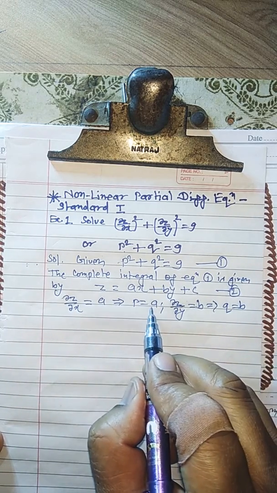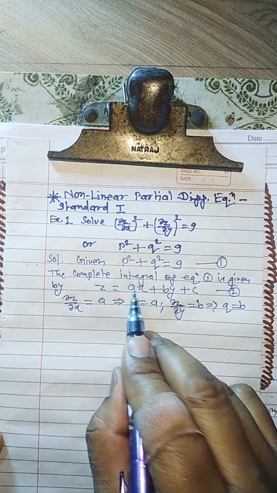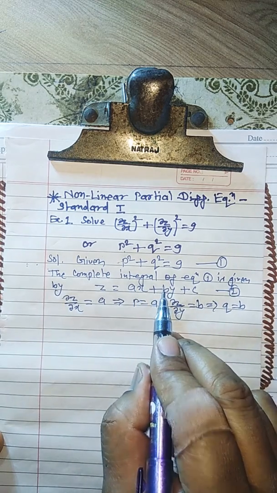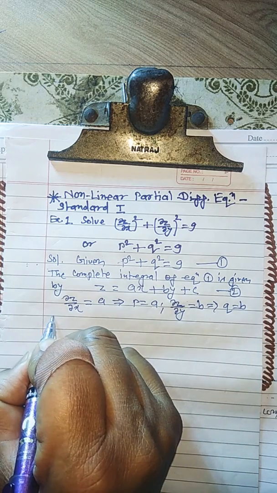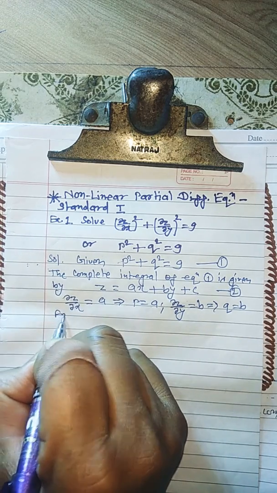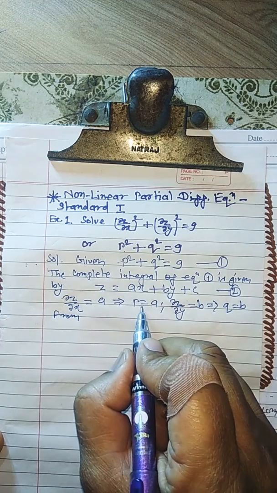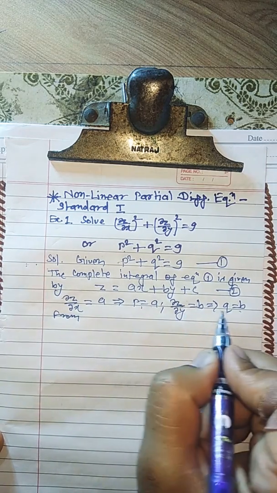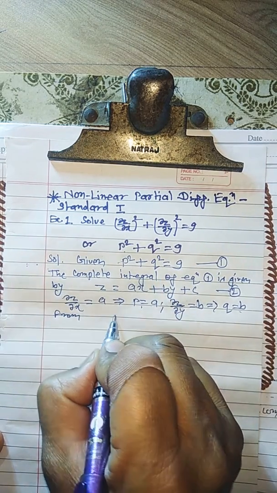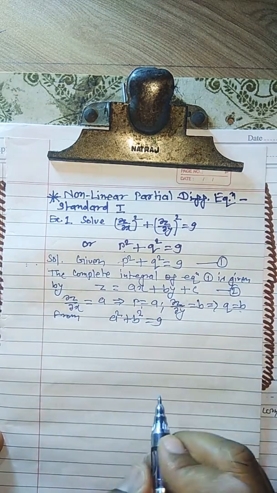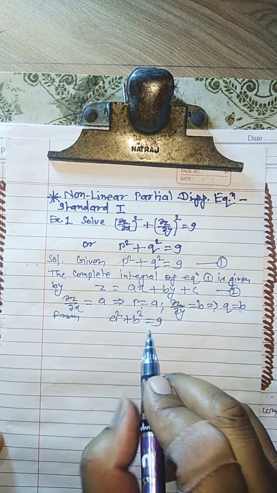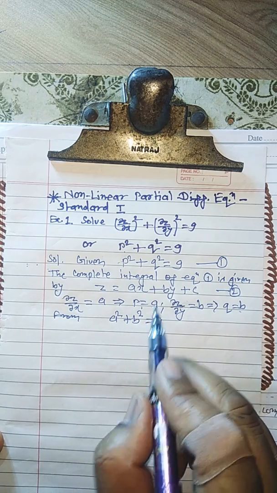Now these a and b are connected by the relation. Now from 1, when we put value of p and q from here in 1, we get here a square plus b square equal to 9. Here a and b are connected by this relation.